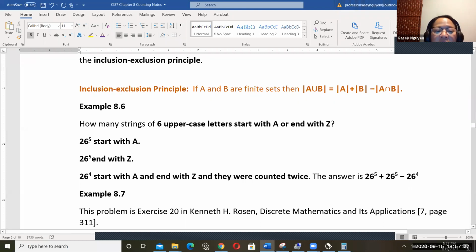And we would have 26 to the 5th power that would start with A. Why is it not 6? Well, because A is a character, so you cannot include that. So you would have 26 to the 5th. And again, we would have 26 to the 5th that end with Z.